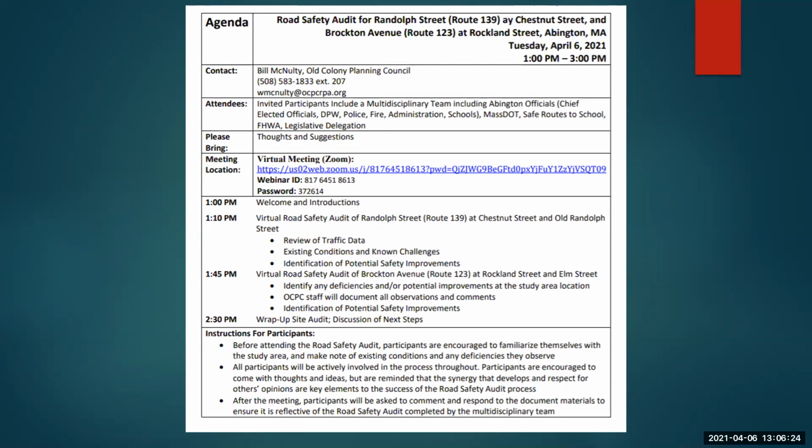I'm with MassDOT District 5 Traffic. Thank you, Bianca. Vivian? Hello, I'm Vivian Ortiz with the Massachusetts Safe Routes to School program, and Abington is in my region. Thank you. Scott? Hi, Scott Lambiase. I'm the town manager for the town of Abington. Thank you. Kevin Fitzgerald? Hi, I'm Kevin Fitzgerald. I'm with MassDOT's Traffic and Safety section.